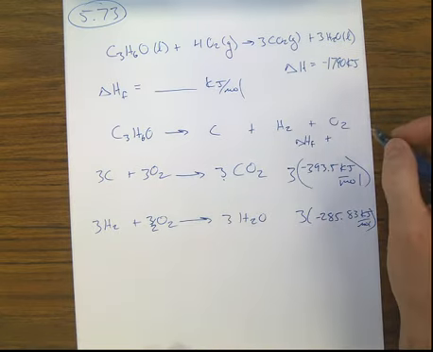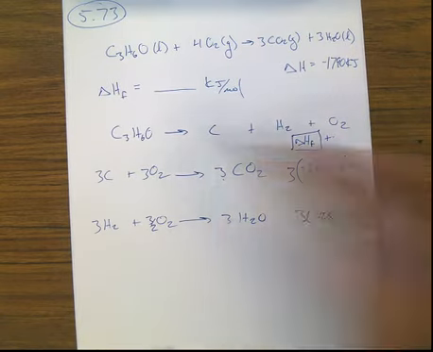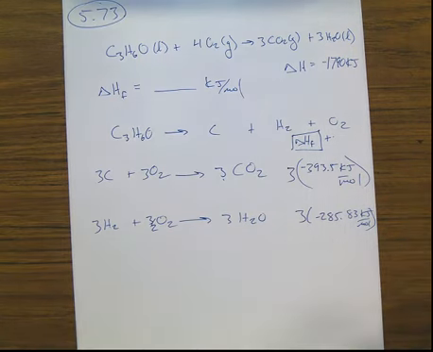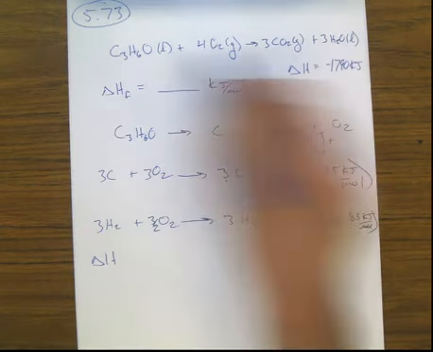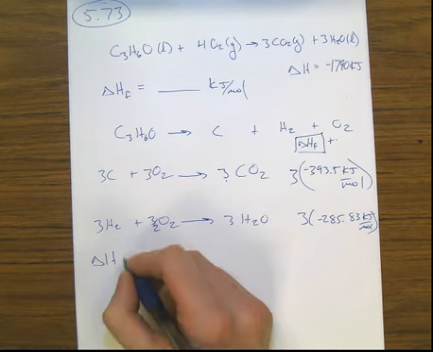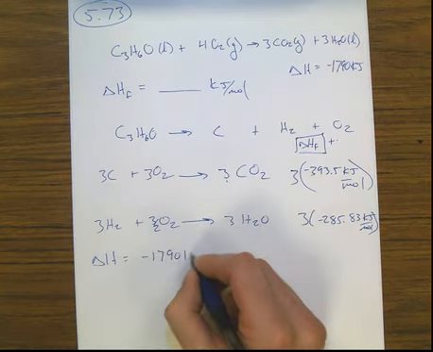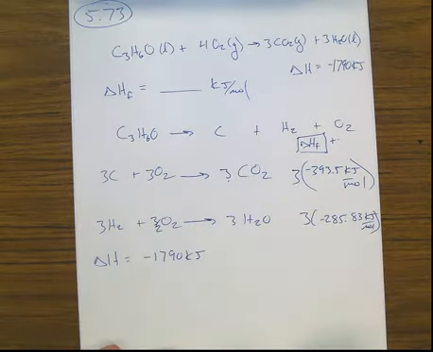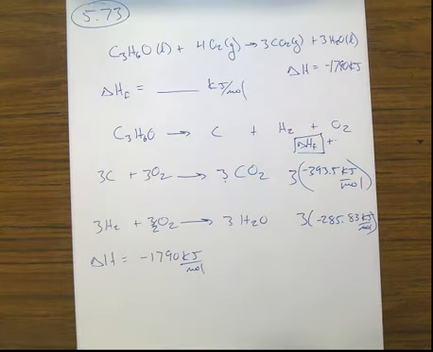Well, we know that whatever the delta H is for this acetone, plus this, is going to equal what we were given as information in the beginning of the question, which is that the delta H for this whole reaction, the combustion of acetone, is equal to negative 1790 kilojoules. And since it's 1 mole that's reacting, we know that that's actually in kilojoules per mole, since it was 1 mole of acetone that reacted.